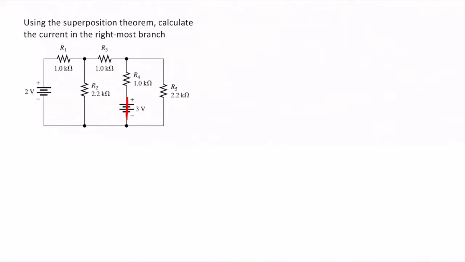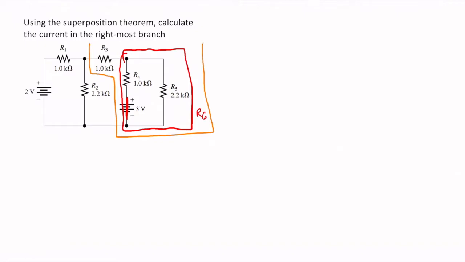Okay, this means that in order to solve for the current through R5, we need to first simplify this equivalent parallel resistance, and let's call that R6. And then we need to solve for this equivalent resistance, which we will call R7.